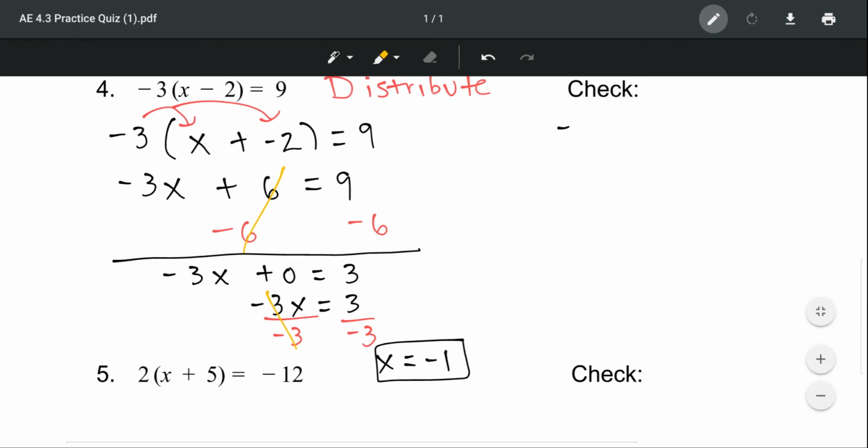Now to check, rewrite the original problem. I'm going to rewrite it as addition. Negative 3 times the quantity x plus negative 2 is equal to positive 9. And I'm going to replace x with my answer of negative 1.